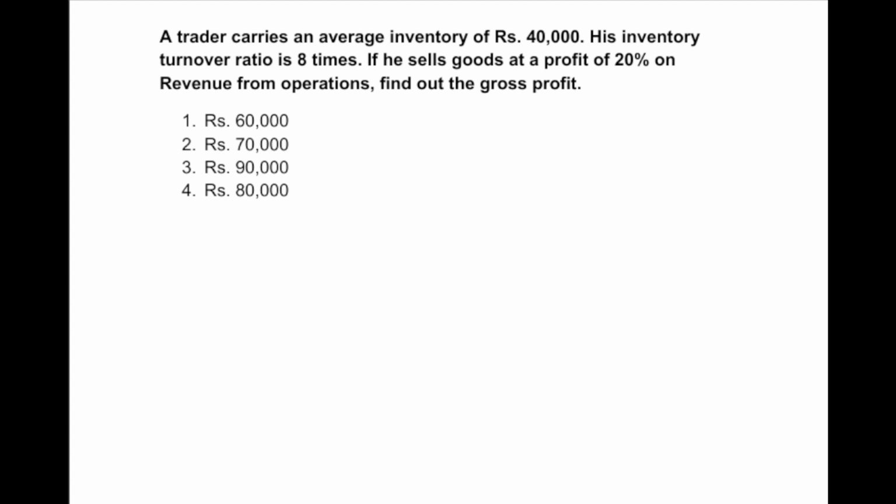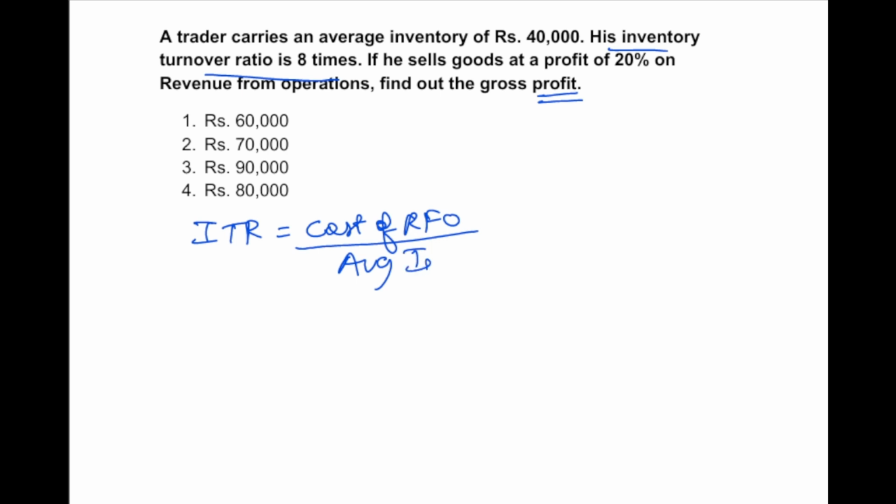Moving to the next question. In this, we have to calculate gross profit. And inventory turnover ratio is given. So whenever some ratio is given, we need to know its formula. Formula for inventory turnover ratio is cost of revenue from operation divided by average inventory.